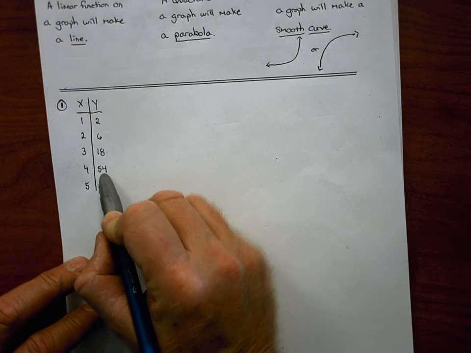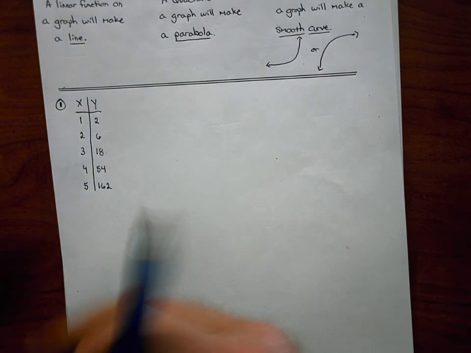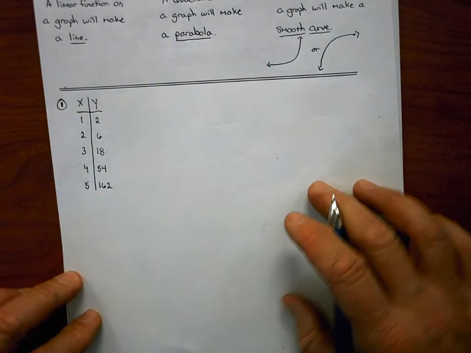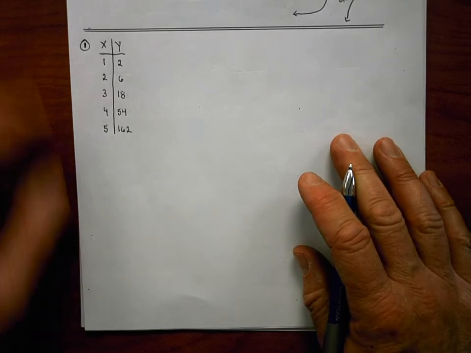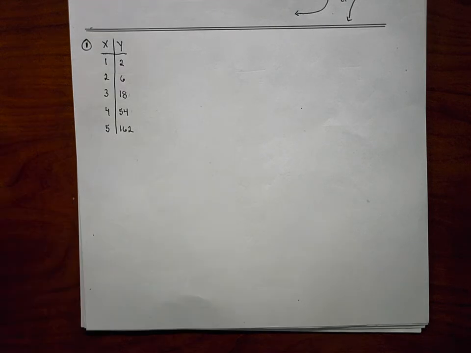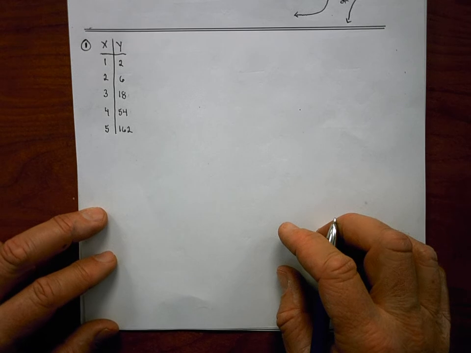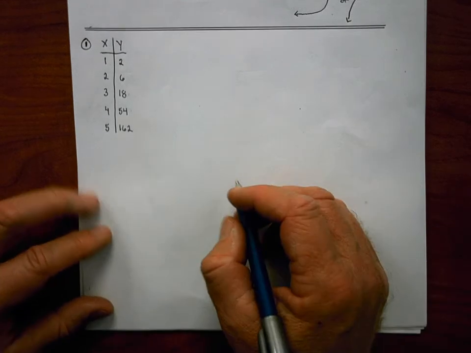I would need a really big piece of graph paper. So we want to learn how to tell what type of function this is without a graph. If you had to make a guess, what would you guess? Linear? Exponential? Okay, watch how we do it.